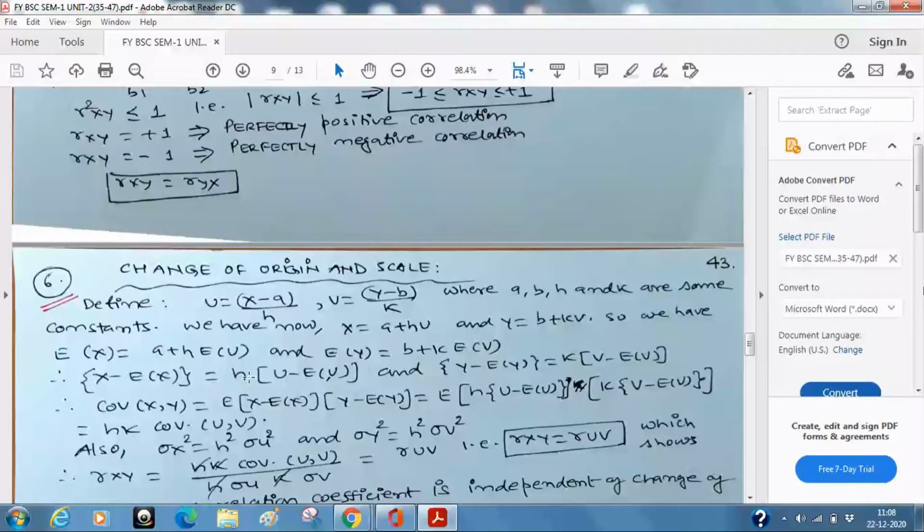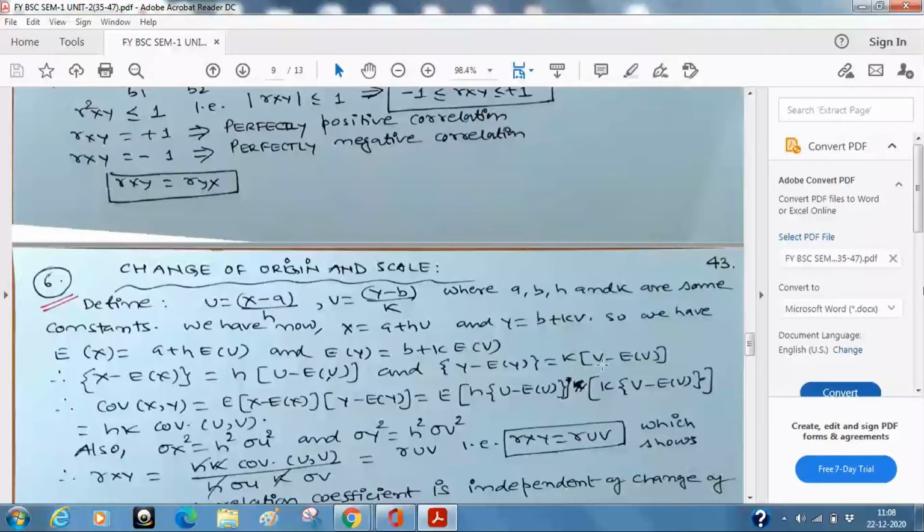Now this part you can write without applying much labor. If I can write for x, I can write for y. Just replace x by y and u by v. You get directly this expression, or even you can just subtract. It's very simple. So what I get is y minus expected value of y is k times v minus expected value of v.